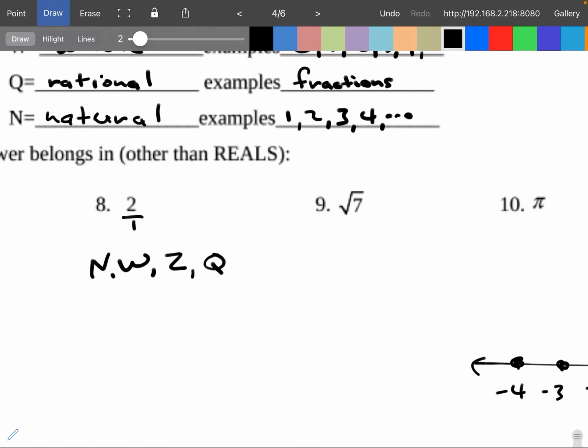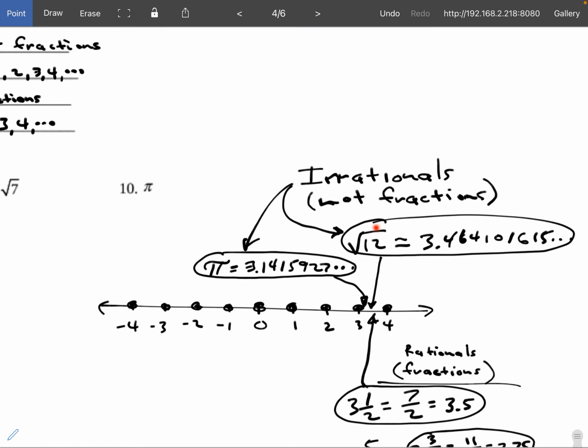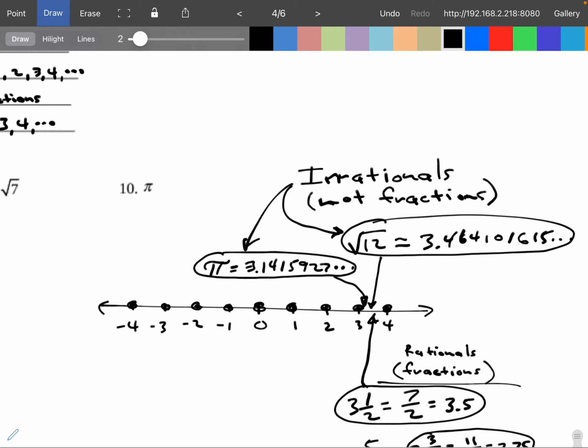All right, what about square root of 7? Is 7 a perfect square? No. So what is that one? Square root of 7, that's like the same thing as the square root of 12. Because 12 is not a perfect square. So what do I write? Is the square root of 7 a fraction?